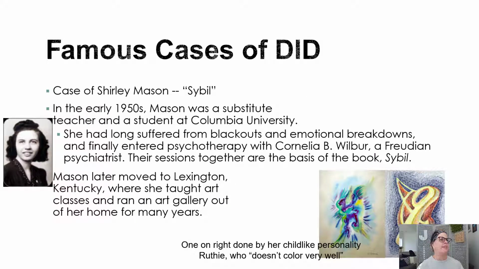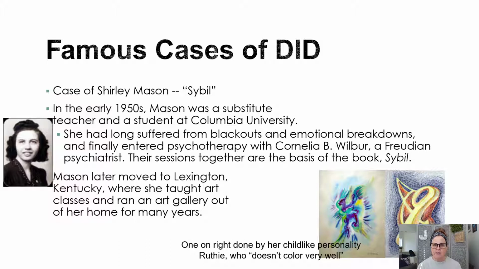But probably the most infamous case of DID was the case of Shirley Mason. In pop culture, she was referred to as Sybil. Her story begins in the 1950s. She was a student at Columbia, and she would suffer from blackouts and emotional breakdowns.